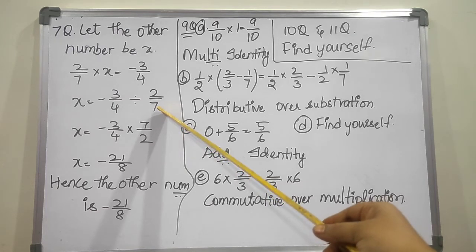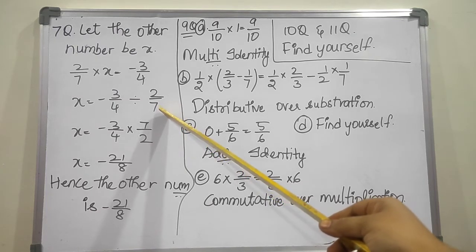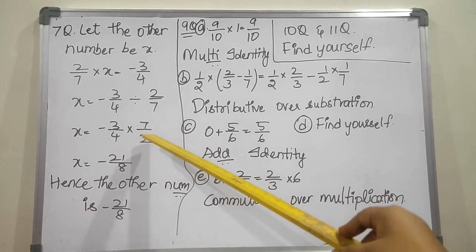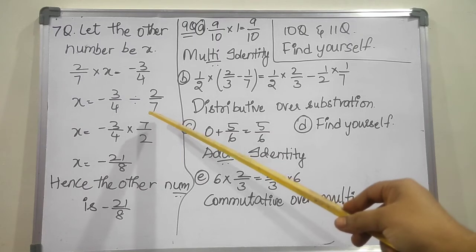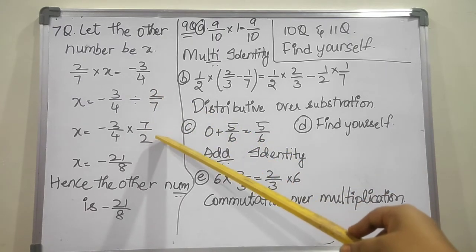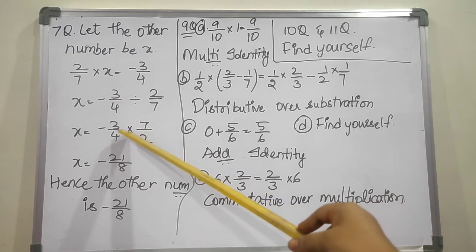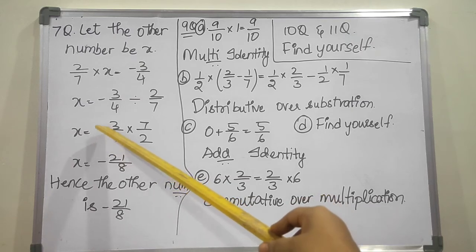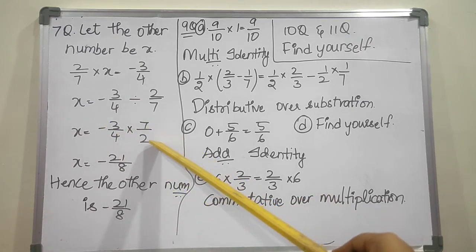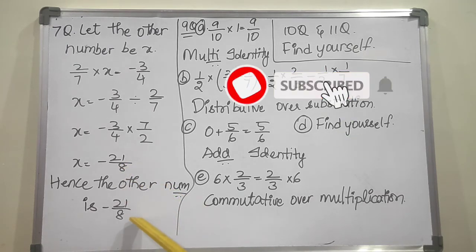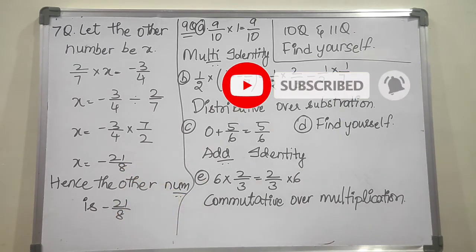To change the division into multiplication, we take the reciprocal. So 2 by 7 becomes 7 by 2 in the multiplication. Now minus 3 by 4 into 7 by 2 is minus 21 by 8. Hence the other number is minus 21 by 8. Now see the next question.